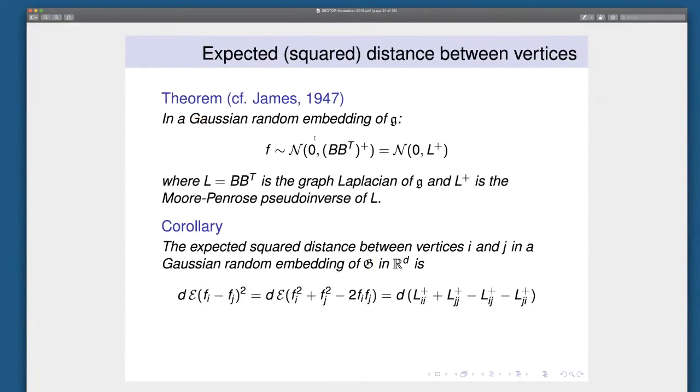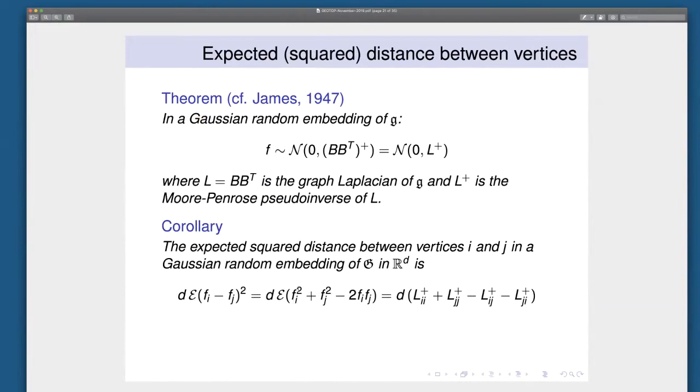Okay, so I'm just rewriting the theorem from the last page, but I want to notice that if my vertices are sampled from this normal distribution, then the distance between them is the expectation of the square of two coordinates in our multivariate normal, which, expanding it out, is the expectation of the square of one plus the square of the other minus twice the product.